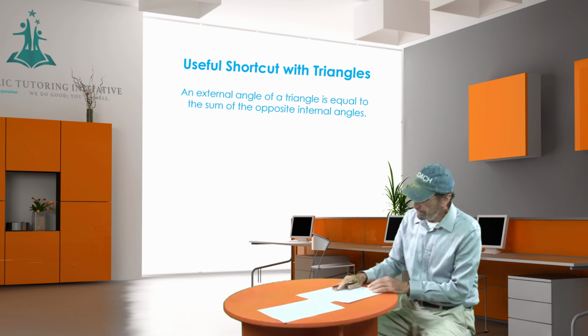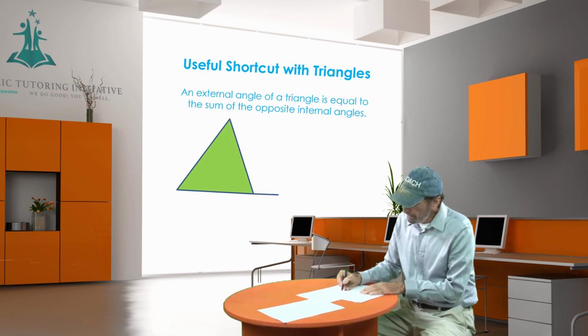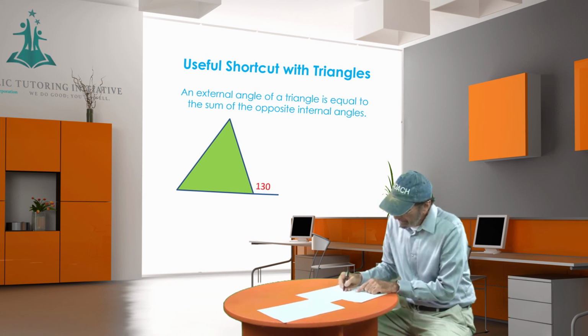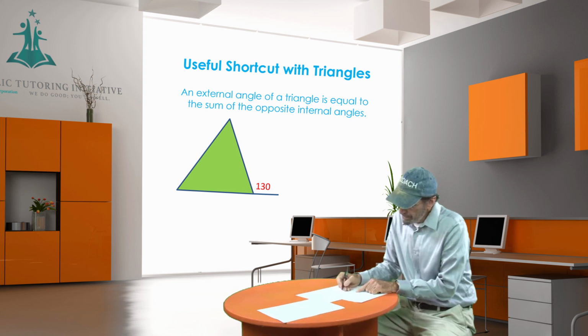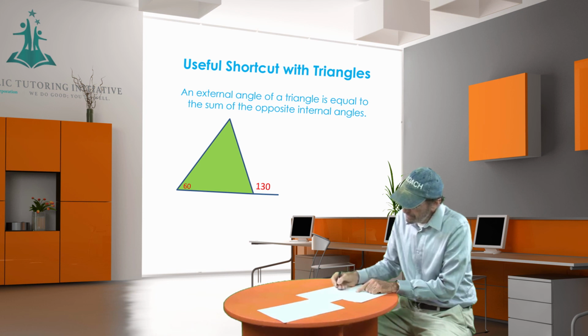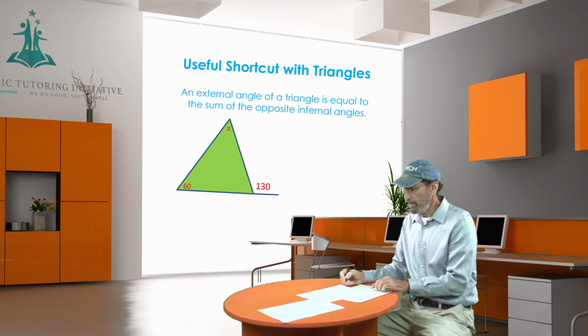Let's take a look. If you have a triangle where your external angle is 130 degrees, the two opposite angles are 60 and an unknown angle.